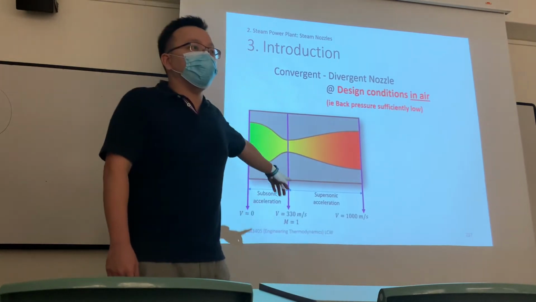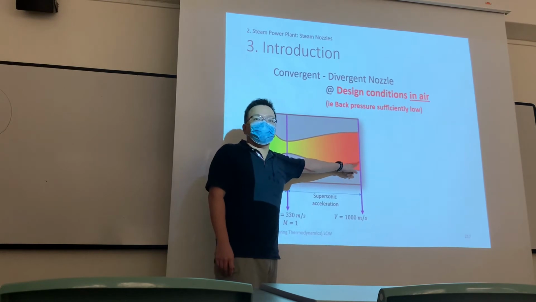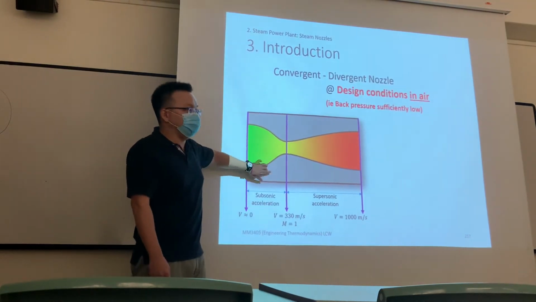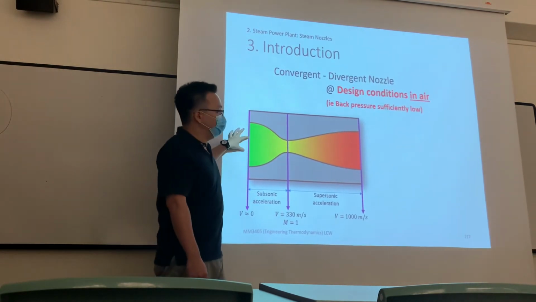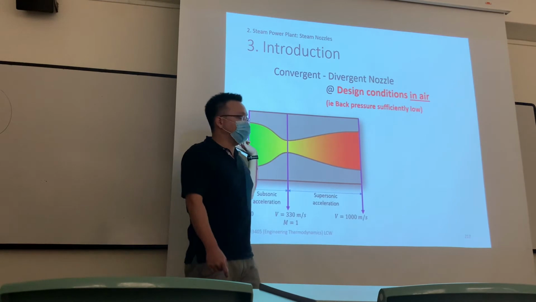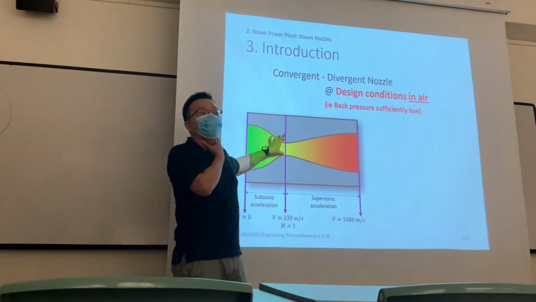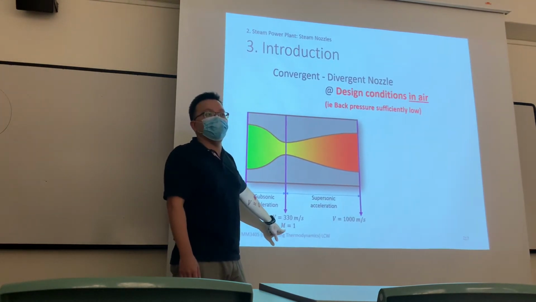You waste money only. You install this, but it gives you a much slower speed. So when you buy this thing for a certain application, you need to make sure you calculate that it will accelerate throughout. The throat here, this is what they call the throat, must hit Mach 1. It must hit Mach 1.